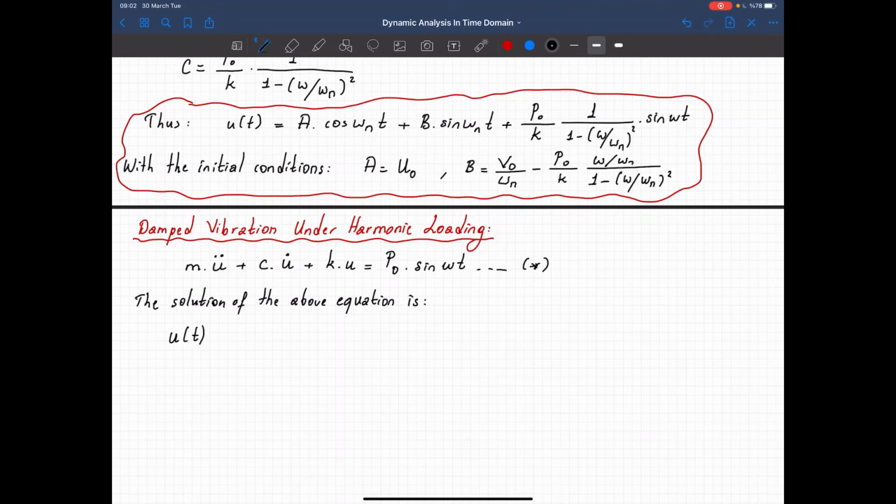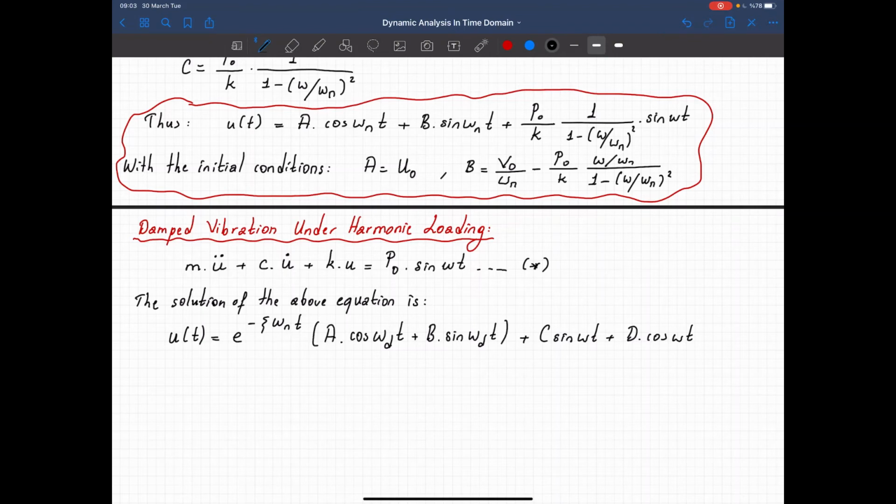u(t) is equal to e to the power minus psi omega n t, times A times cosine omega d t plus B times sine omega d t, plus C times sine omega t plus D times cosine omega t.